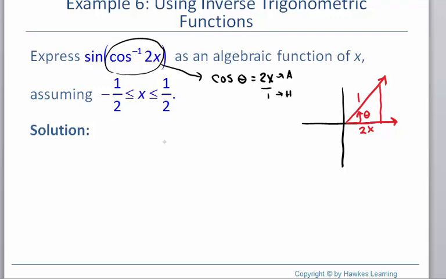So we're going to take our 2x, which is one of our legs, and we're going to square it. We're going to add our other leg. Let's call this b. So b squared. And we're going to set it equal to our hypotenuse squared. All right, so solving this, 2x squared, we square the 2, which makes 4, and we square the x, which makes x squared. We square the 1, and we get 1. And remember that we're solving for b. So I'm going to now subtract the 4x squared from both sides.